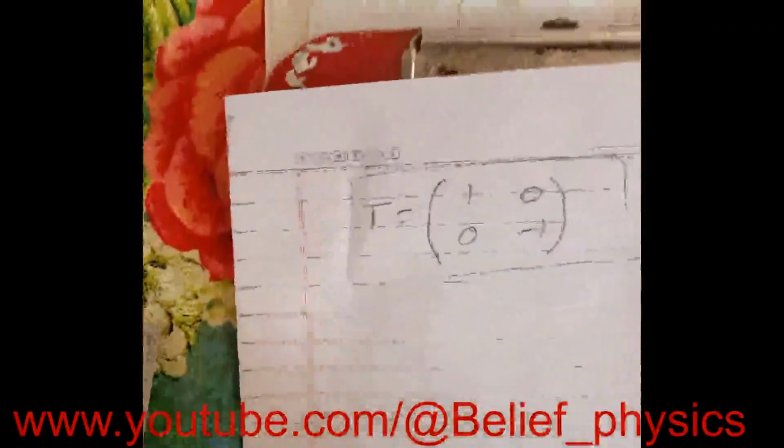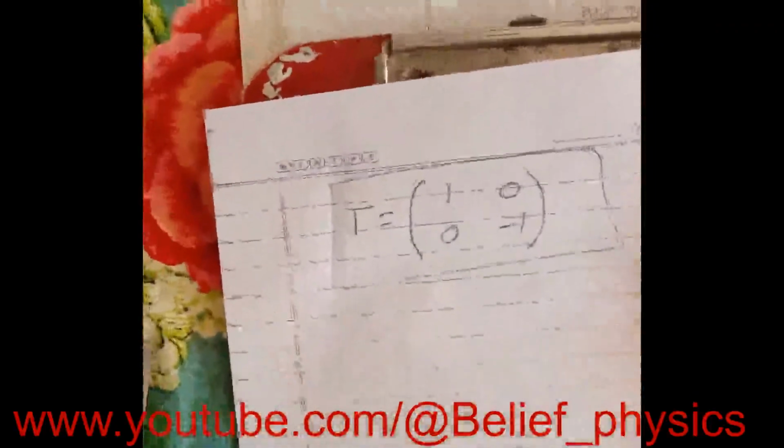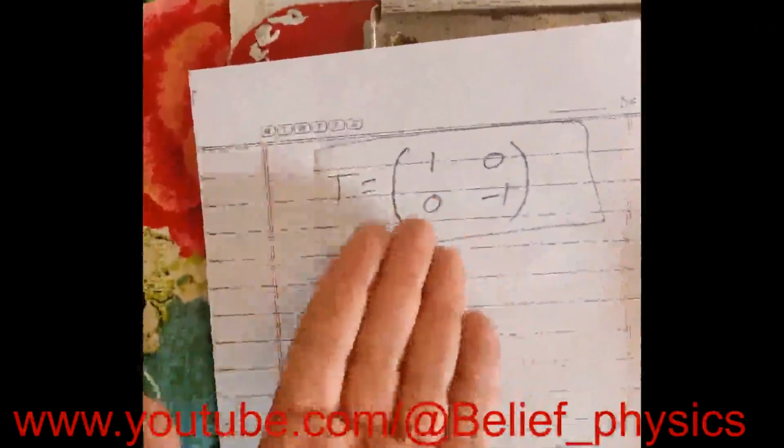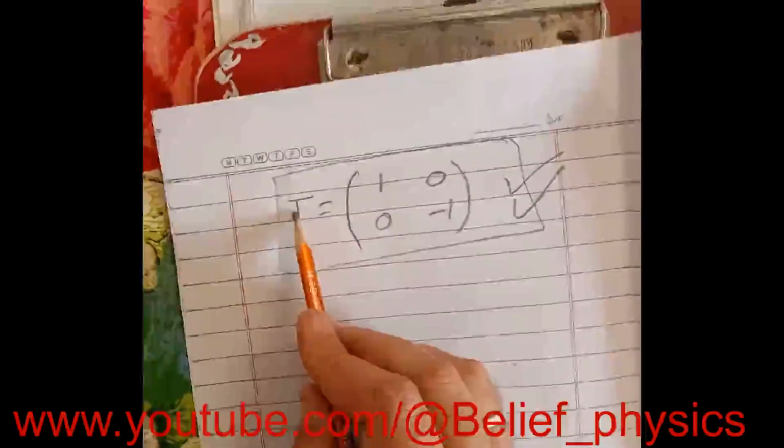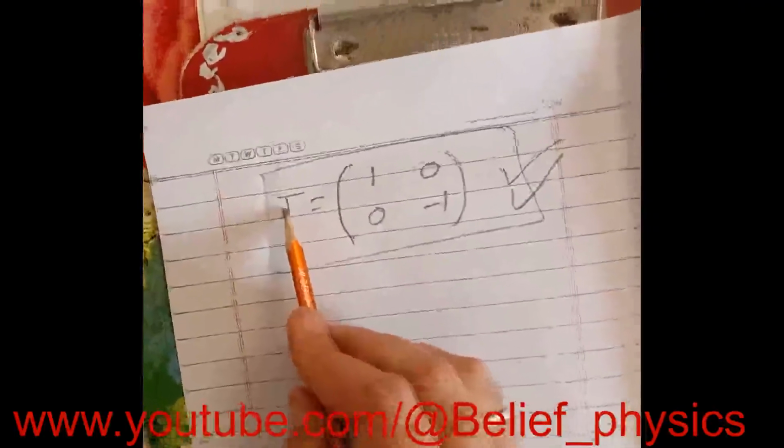So if you know this, what is this transformation? This is reflection, basically reflection in the x-axis. If we look closely at the diagram, R is the reflection of Q in the x-axis. Therefore, our answer is correct. So the matrix that represents the transformation that maps Q onto R is 1 0 0 -1.